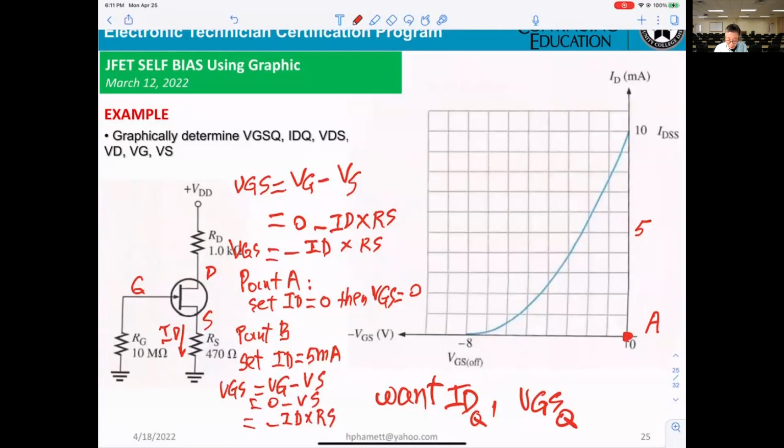You already know ID equals 5 milliamp, and RS will be 470 ohm. So you get VGS equal, let's see, 5 times 0.470, equals 2.35.